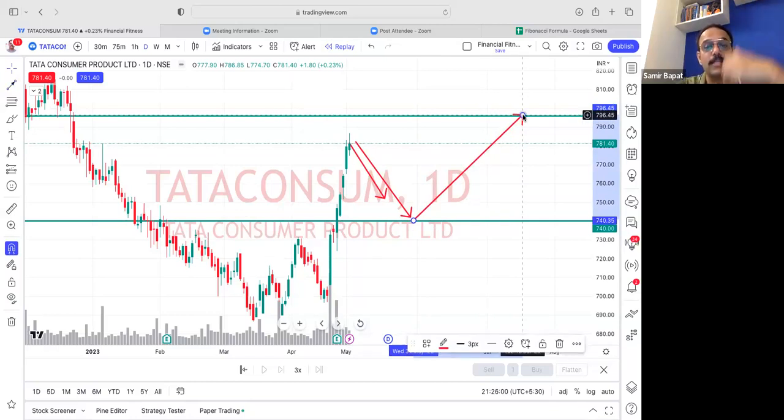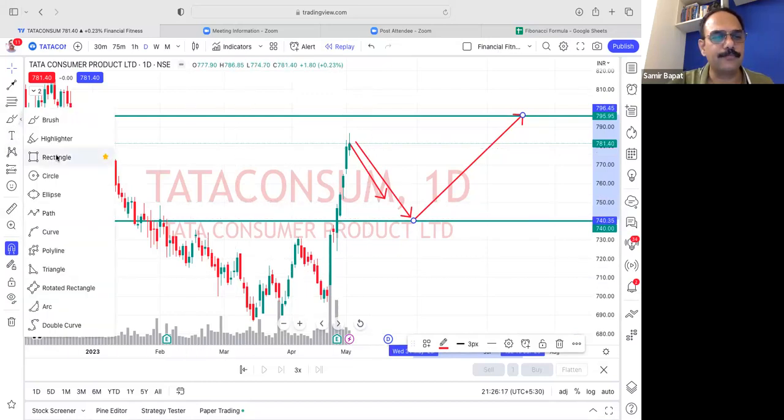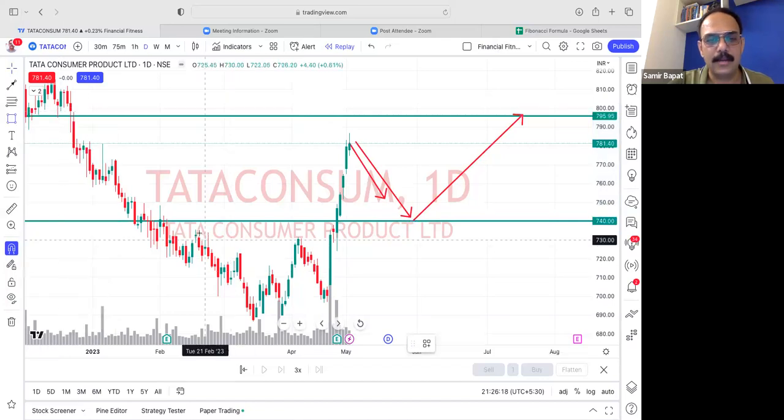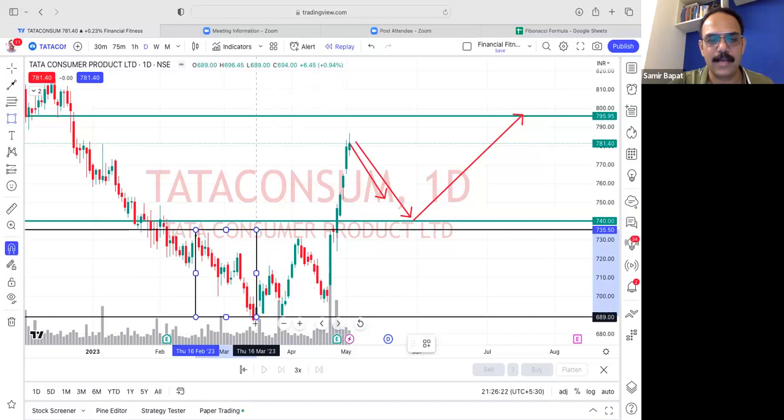So people think, okay, it has gone up, and the question arises: Tata Consumer has gone up so much, can I buy right now? This is one question which comes. If you see, there was a consolidation here between these two black lines.